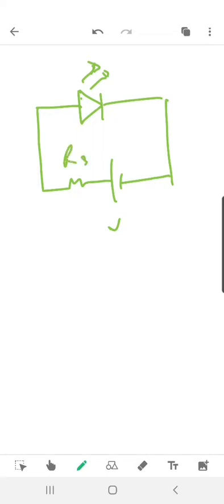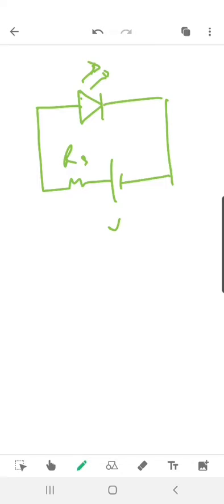RS is a series resistance used to limit the current, because if the current flowing through the LED is large, then the power rating of LED is exceeded and the LED may burn. So we need a series resistance to limit this current, and the emission of light in our LED is due to recombination of electrons and holes at the junction.